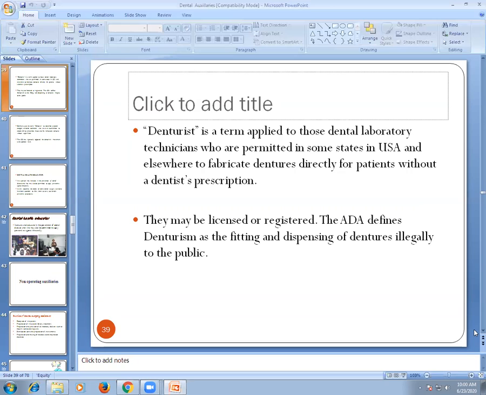So this only occurred in the USA. They may be licensed or registered. The ADA defined denturism as the fitting and dispensing of dentures illegally to the public.